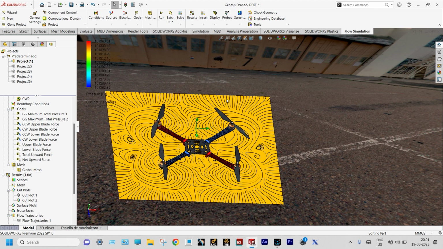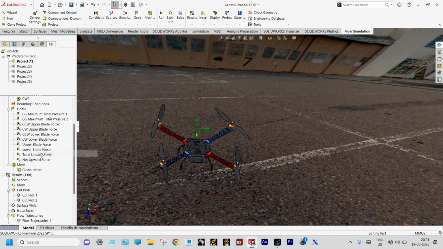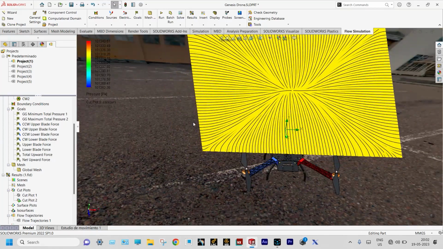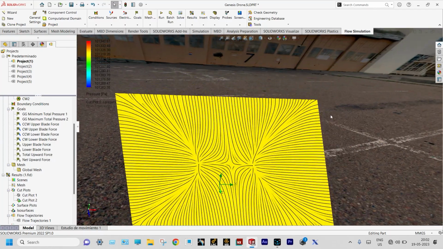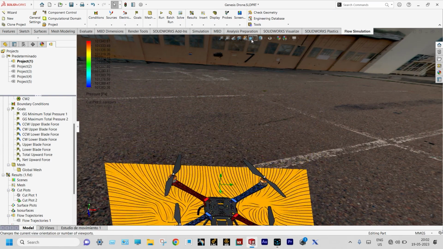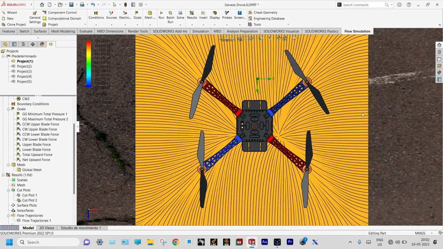Now you can view it in the form of an animation, right? So cut plot 2, let us play. You can view it from top plane.